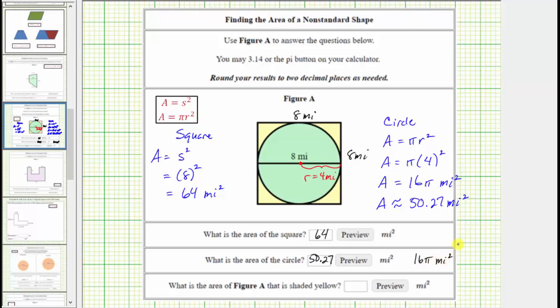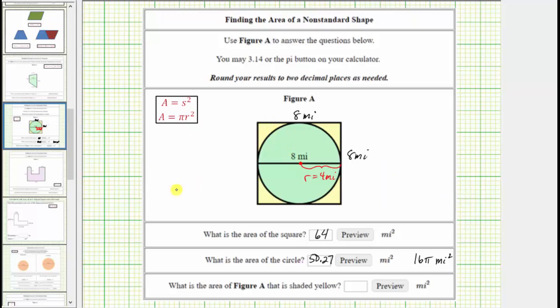And now for the last part of the question, we're asked to find the area of the yellow shaded region, which again is the area inside the square but outside the circle. Or we can say the area between the square and the circle. To find the yellow area, we will take the area of the square and subtract the area of the circle.